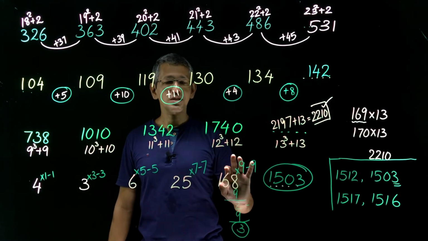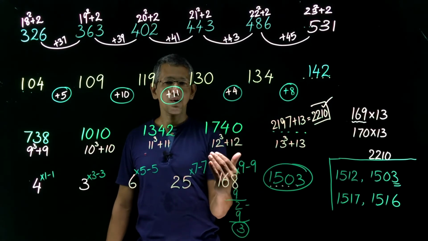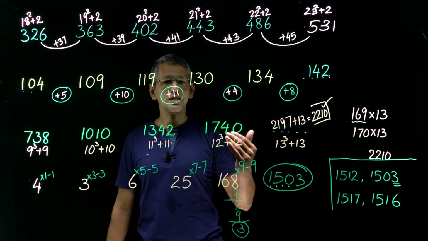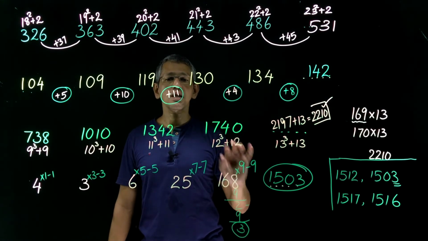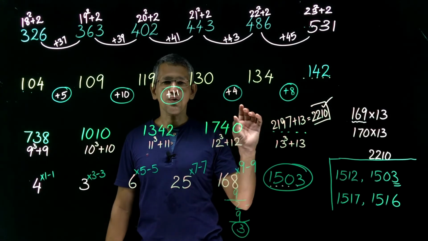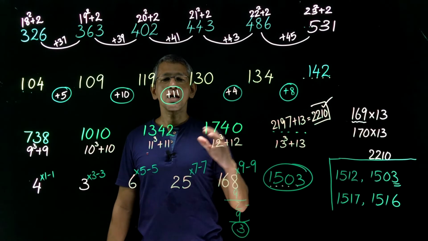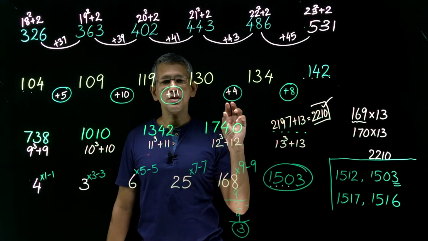So first thing, 168 into 10. You have to multiply that with 10, then subtract 168. Then you'll get 168 into 9. So 168 into 10, 1680 minus 168. For that, what I do is subtract 170 for convenience. In order to subtract 170, I will subtract 200.